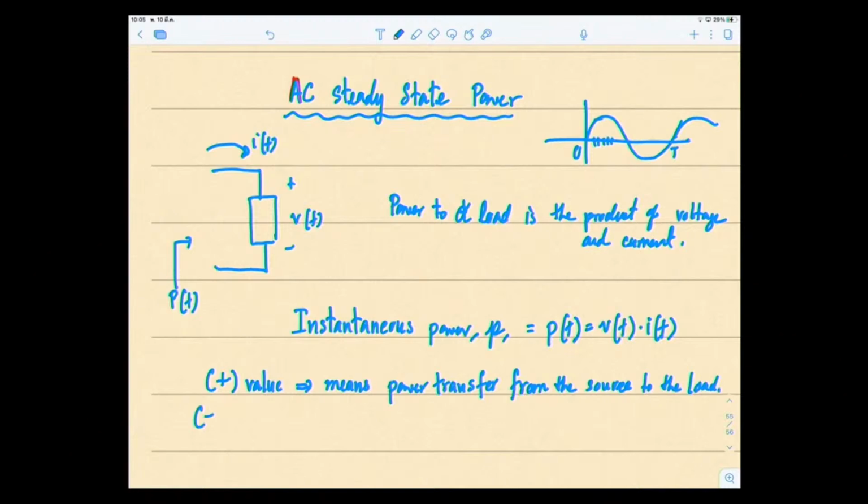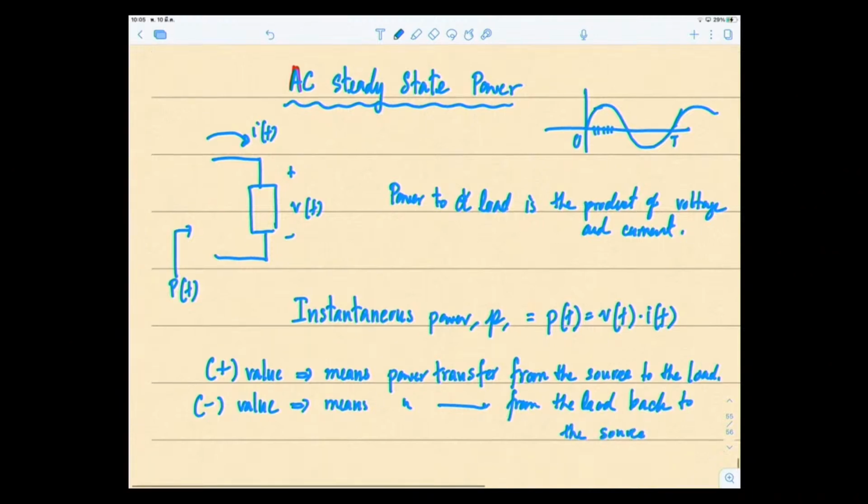If it is a negative value, it means that the power flows from the load back to the source. This is also the conventional sign: the current enters the positive terminal of the load, considering that this box is a load.